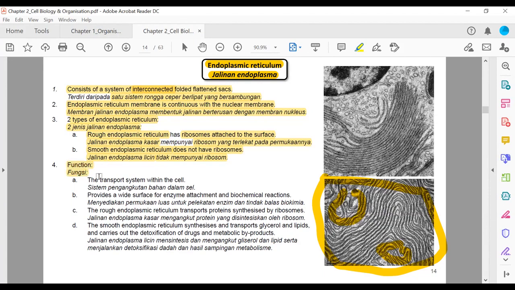Fungsi dia. Function of endoplasmic reticulum. Fungsi dia ialah yang pertama, the transport system within the cell. Sistem pengangkutan bahan dalam sel. Dia maknanya rough endoplasmic reticulum ini membantu mengangkut bahan.